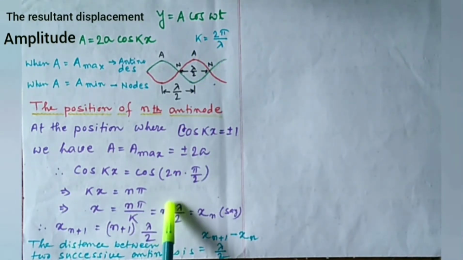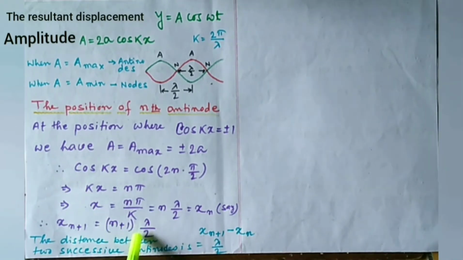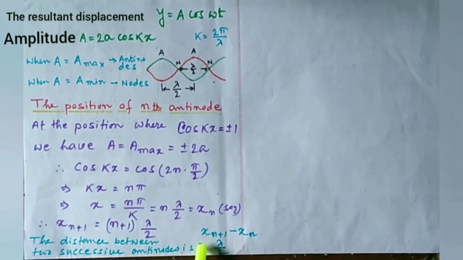This is the position of nth antinode, and here we denote this position by xn. So the position of the nearest next antinode is equal to n plus 1 into lambda by 2. Thus, the distance between two successive antinodes is the difference between xn plus 1 and xn, and when we put this value, we get xn plus 1 minus xn equal to lambda by 2.